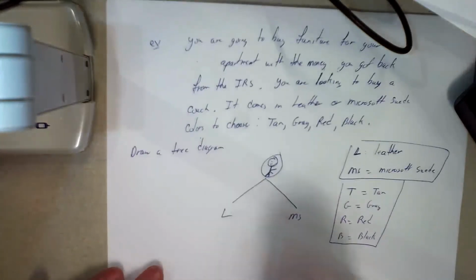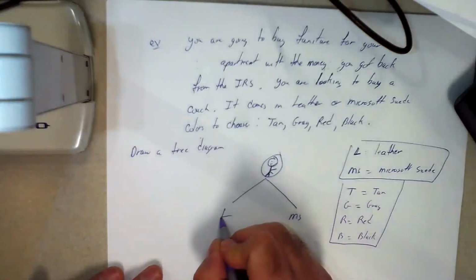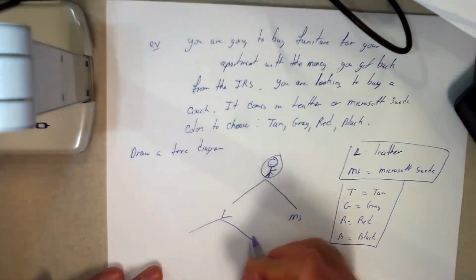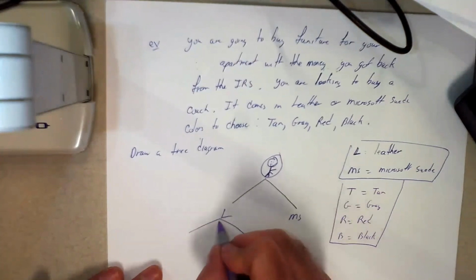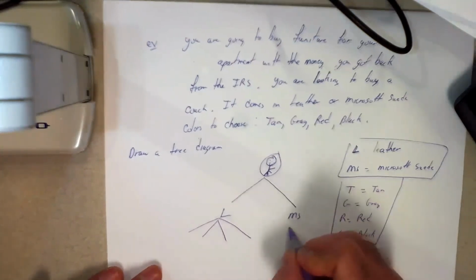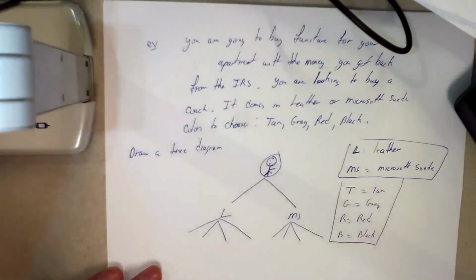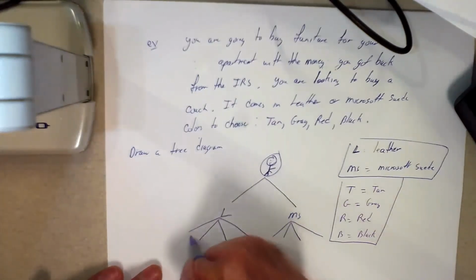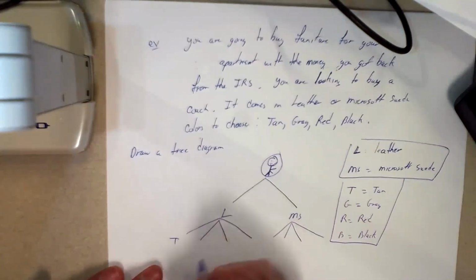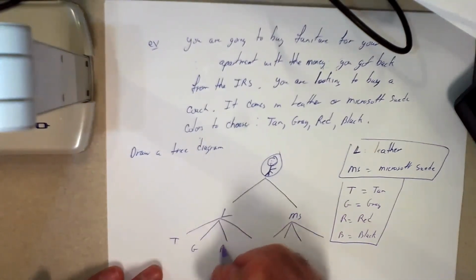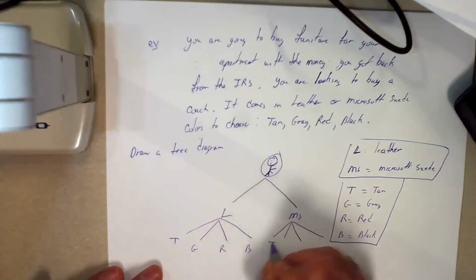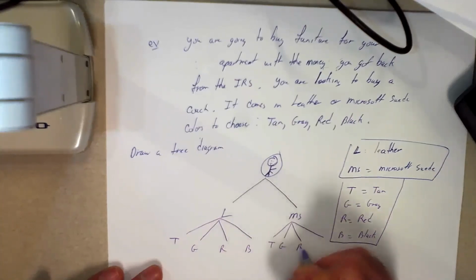So I have to draw 4 little sticks for each of the types of material. So colors is tan, gray, red, black.